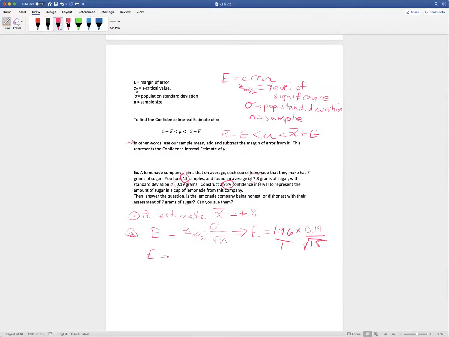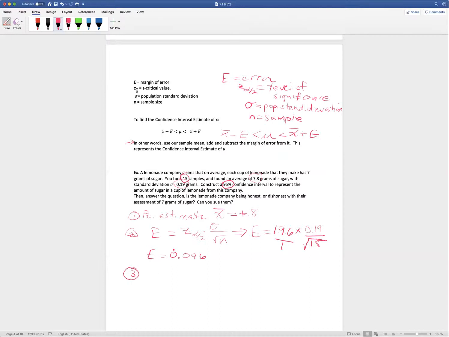And I get E is equal to 0.096. Again, we're rounding E to 3 decimal places. All right, ready? So if E is equal to 0.096, let's talk about the information that this example is giving us.